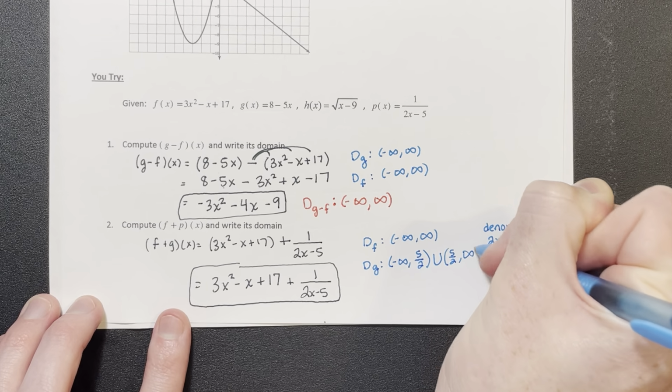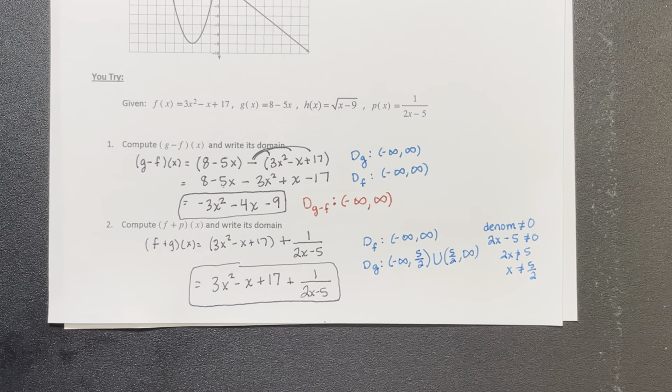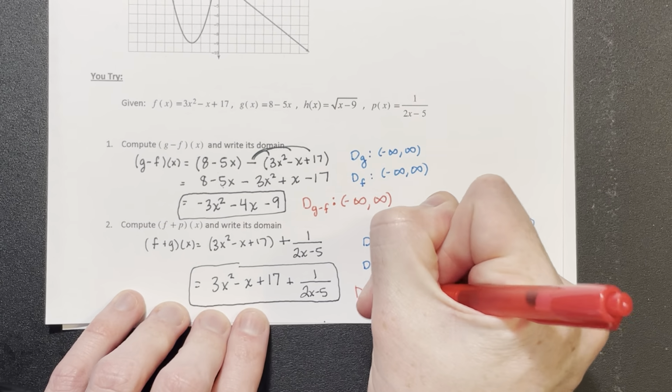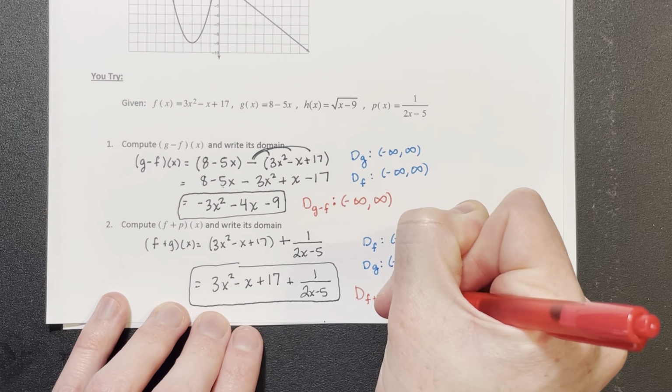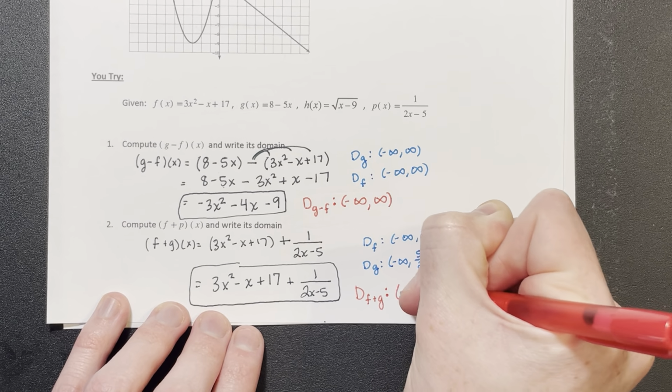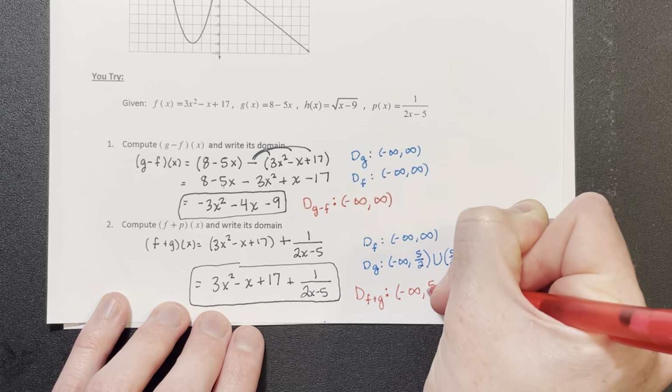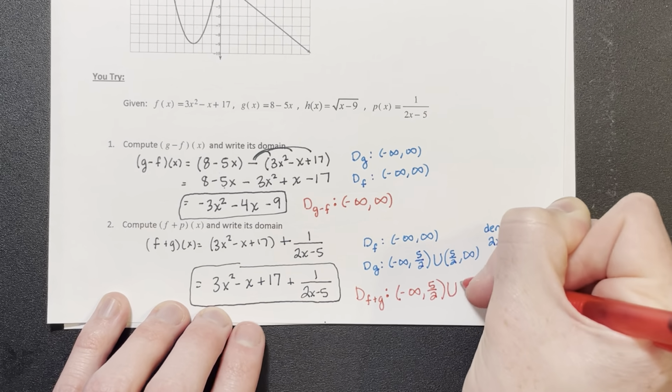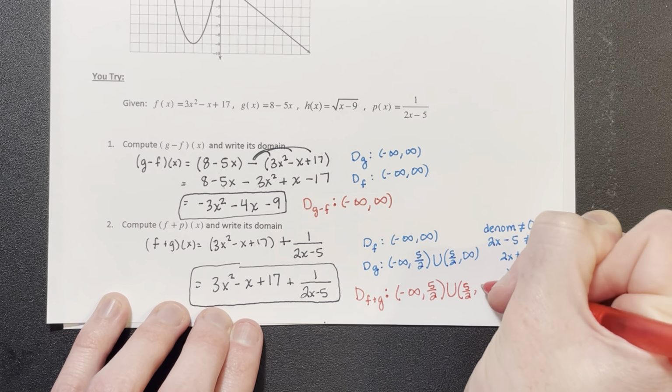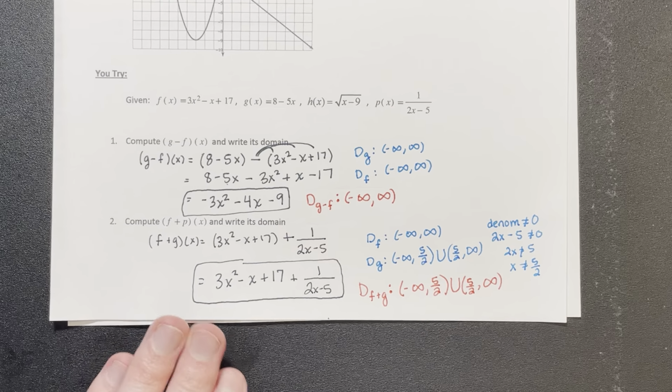And so that would be an overlap of just the same thing as what g is. So the domain of f plus g is negative infinity to 5/2 union 5/2 to infinity.